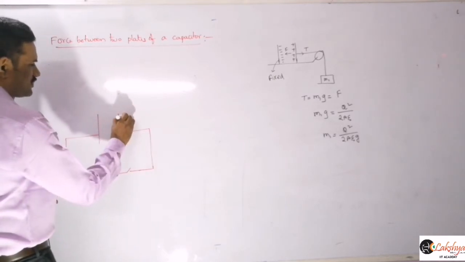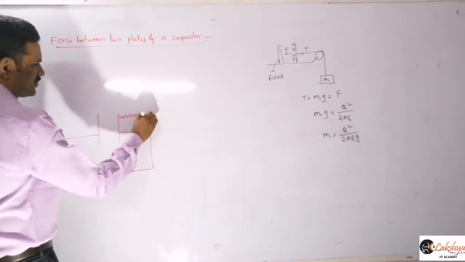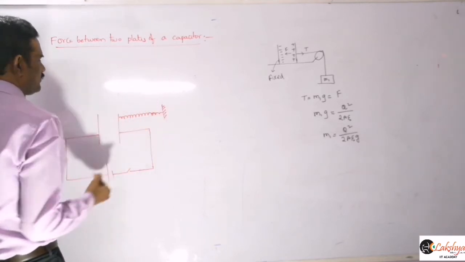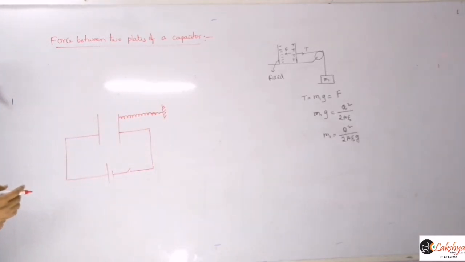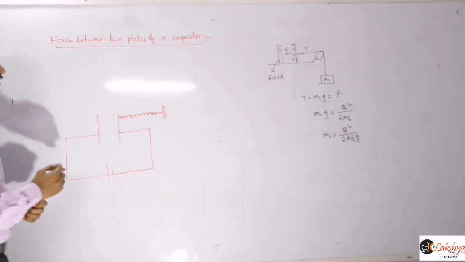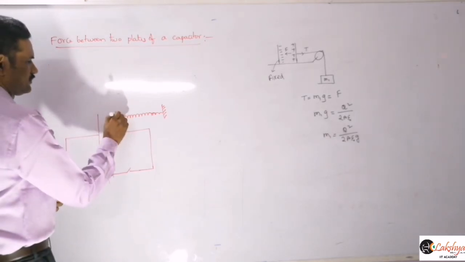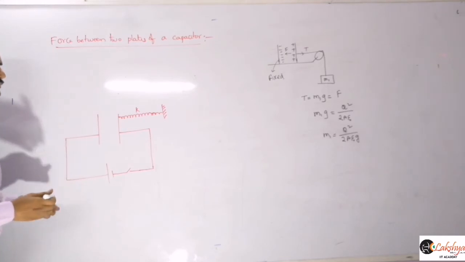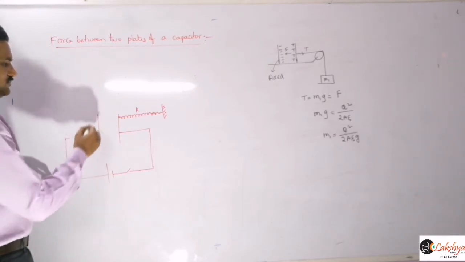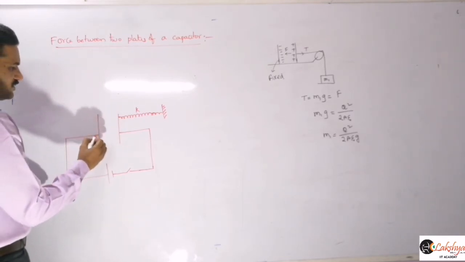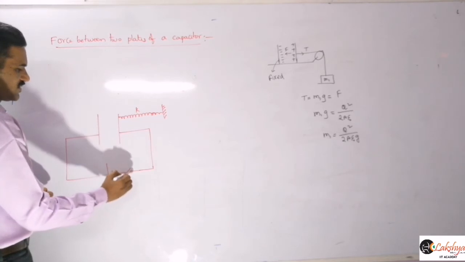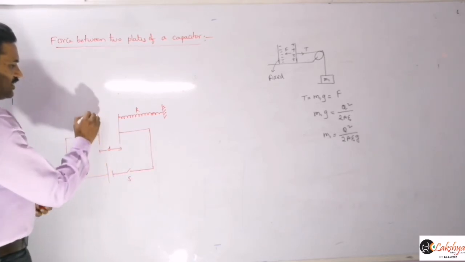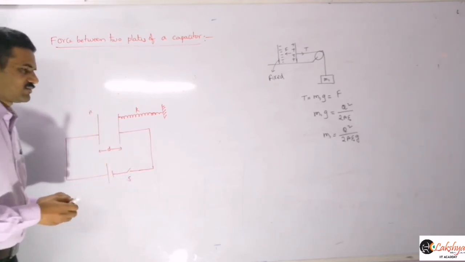One of the plates is connected like this. Initially, when the switch S is open, D is the separation between them, and A is the area of each plate.